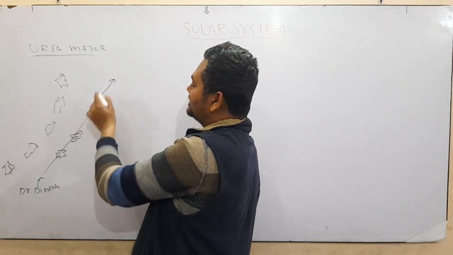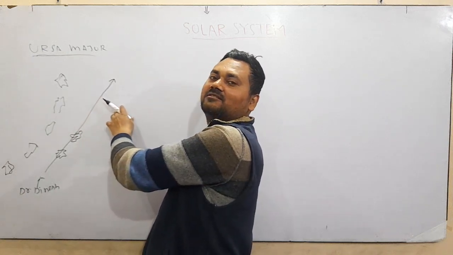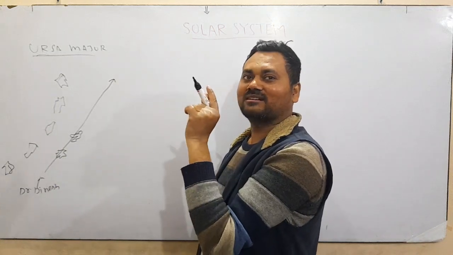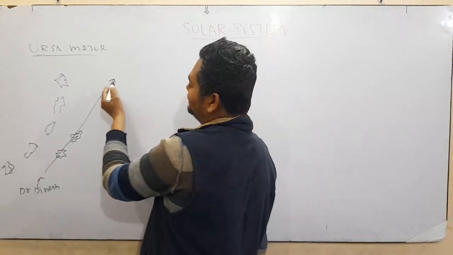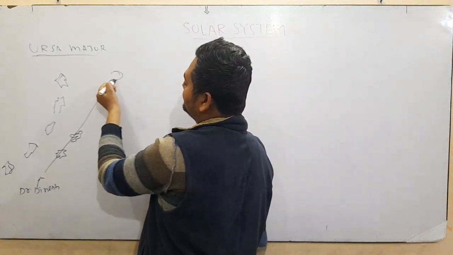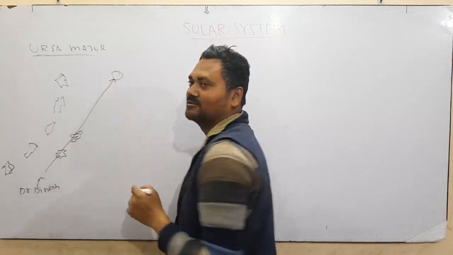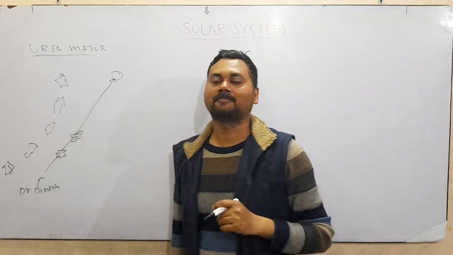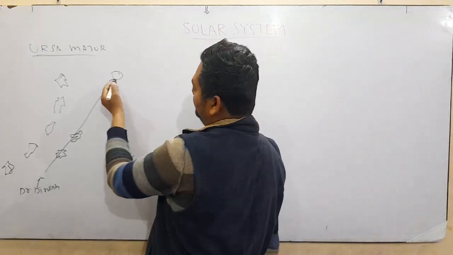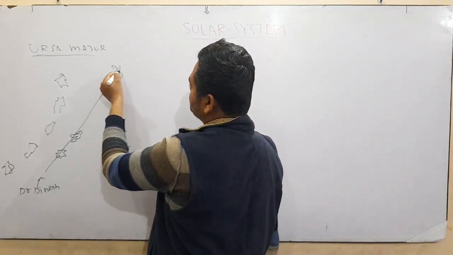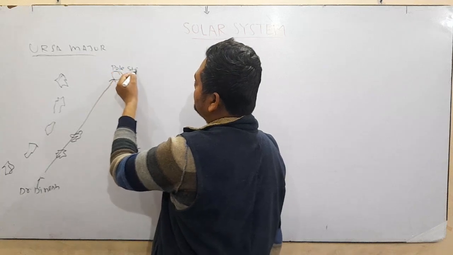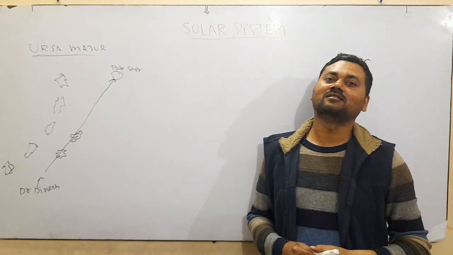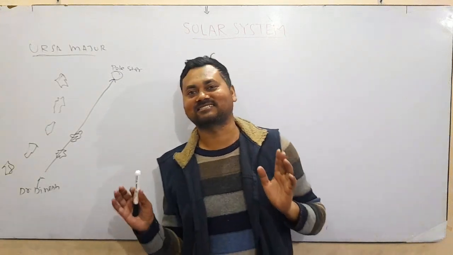This line will reach one more star, which is called the what? Dhruv. Yes, Dhruv Tara or the pole star. And the direction of this pole star never changes. Nobody can change its direction.